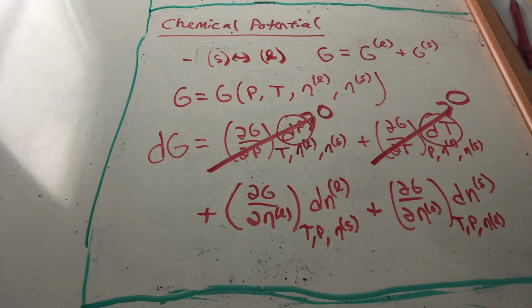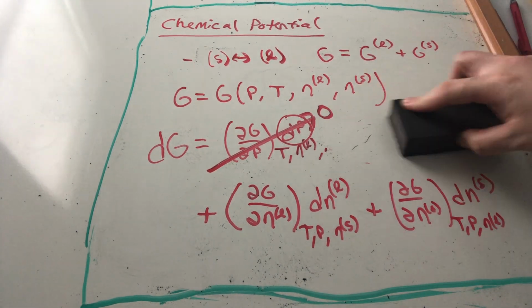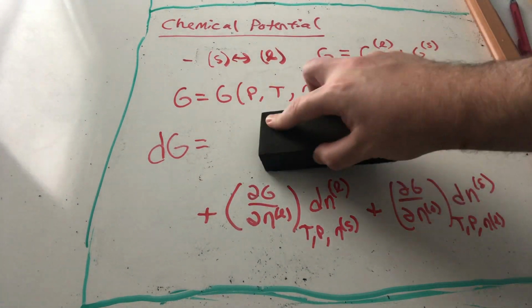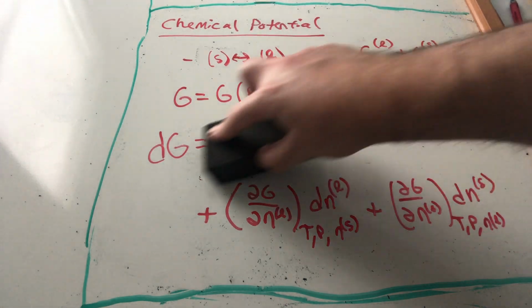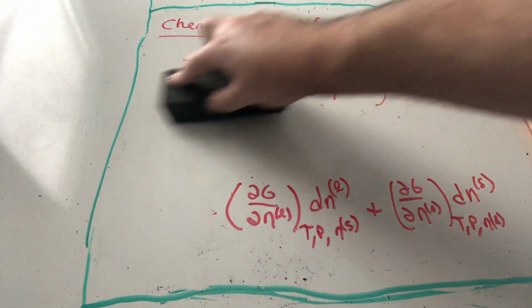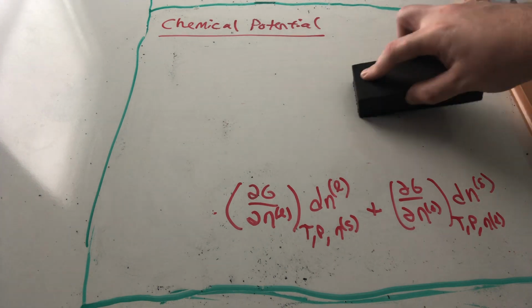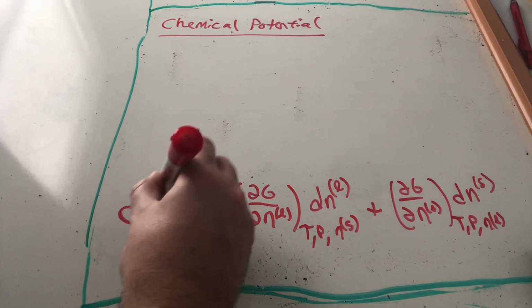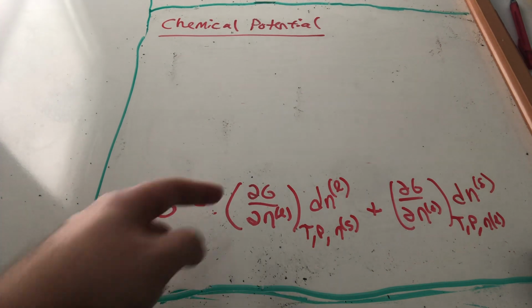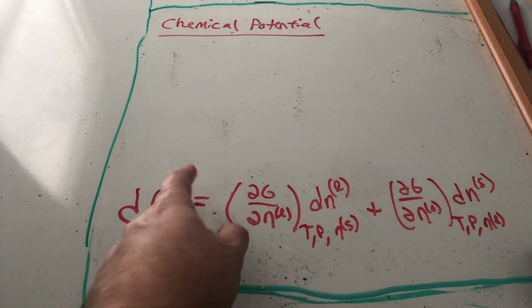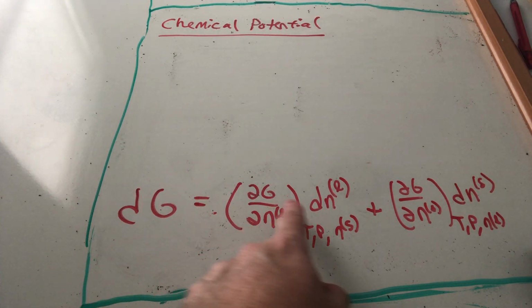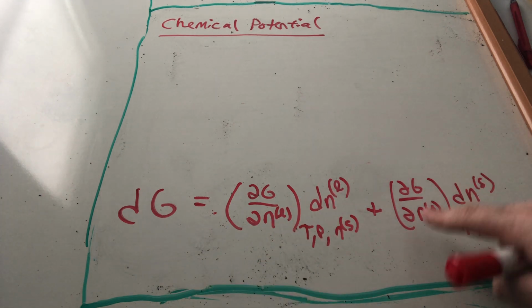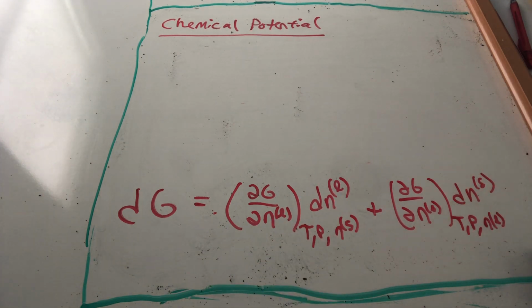So even though it looks complicated to start, we use our keywords for looking at a point on the phase diagram and deciding which is favored in terms of G. And this is what dG looks like. Sorry, it looks like partial G, partial N_L, dN_L, plus partial G, partial N_S, dN_S.